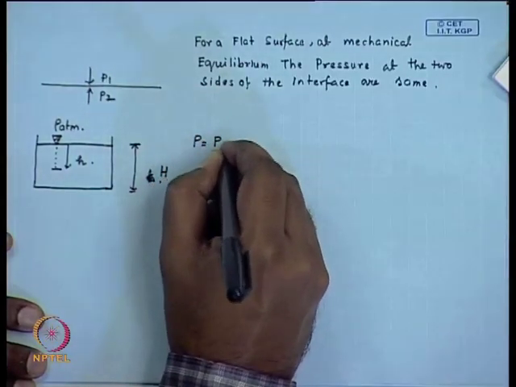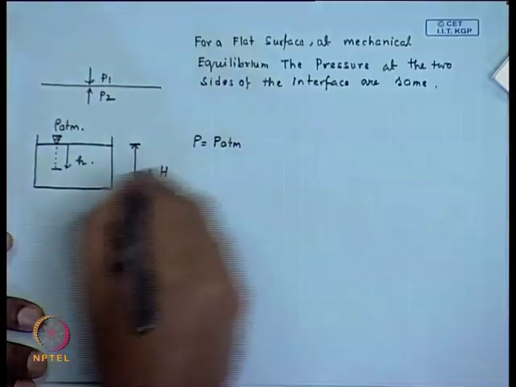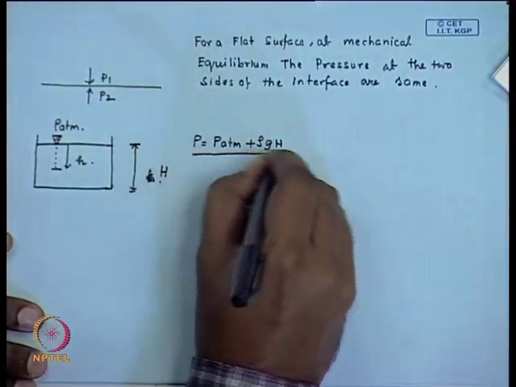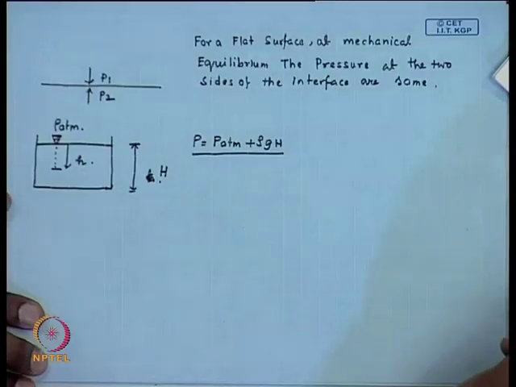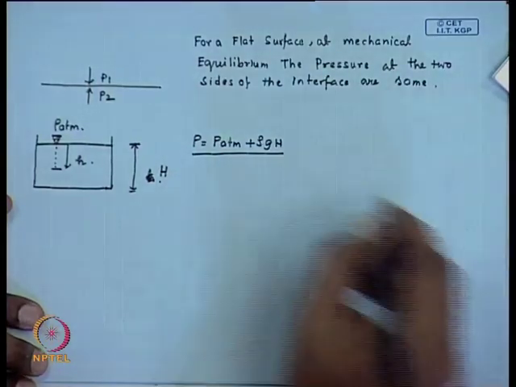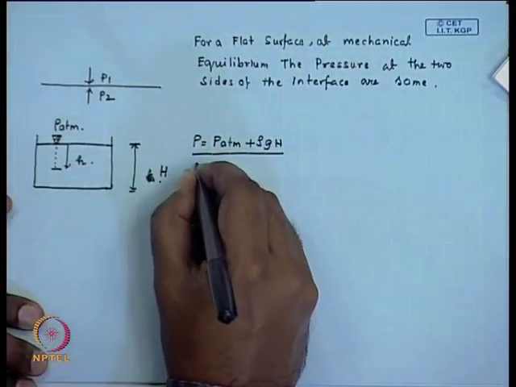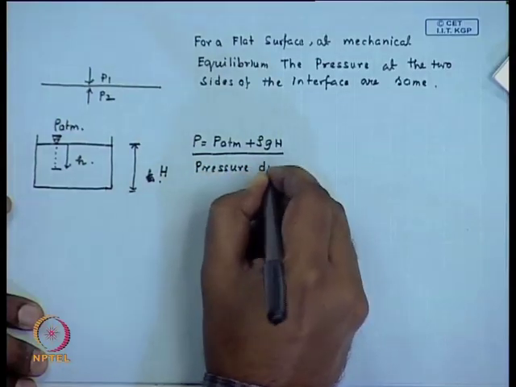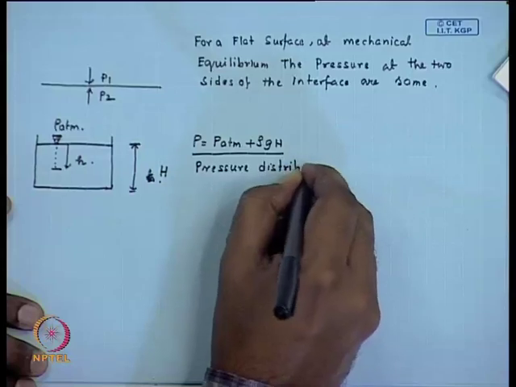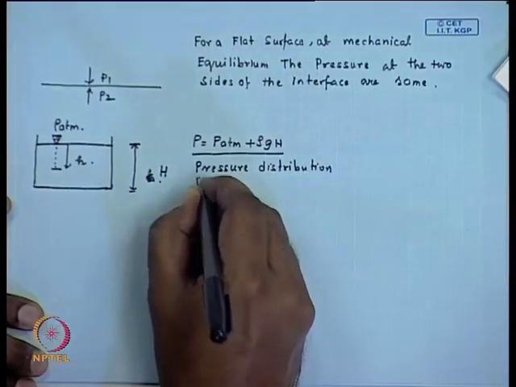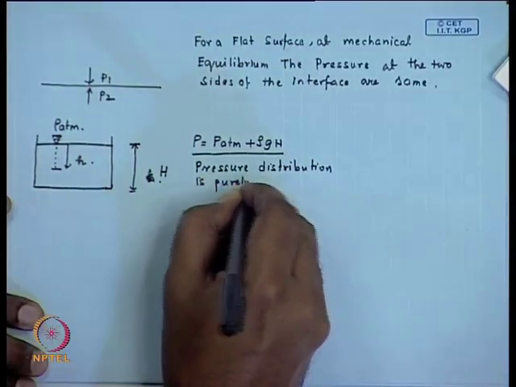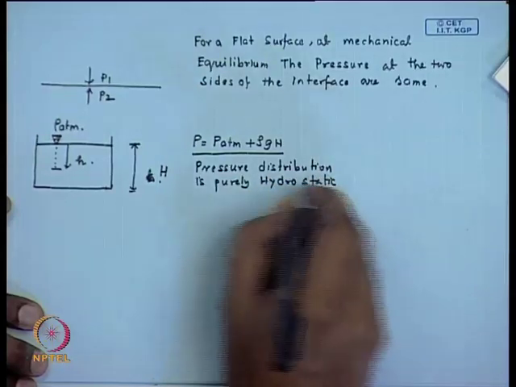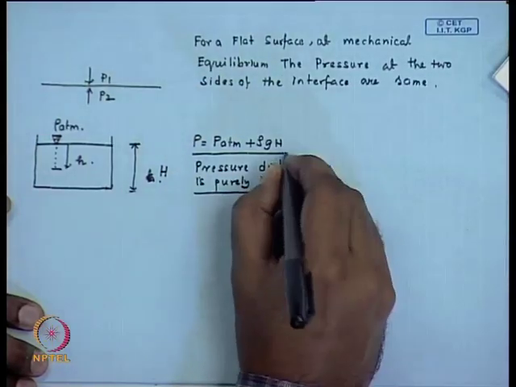So, here at the bottom of the surface the pressure is rho g h. This is a scenario where you say that the pressure distribution within the tank or within the storage vessel is purely hydrostatic.